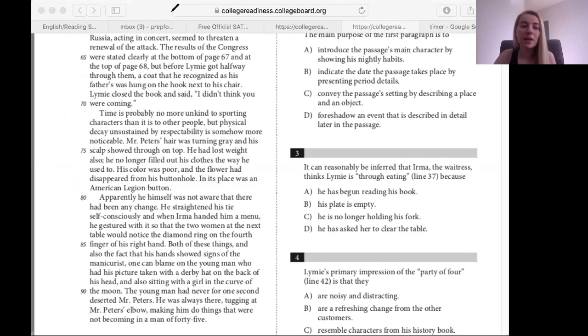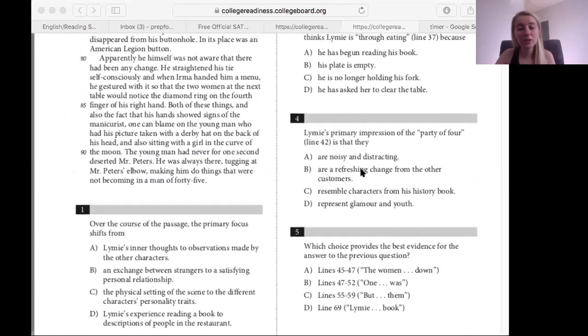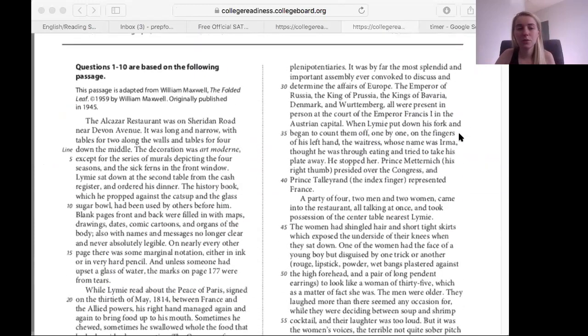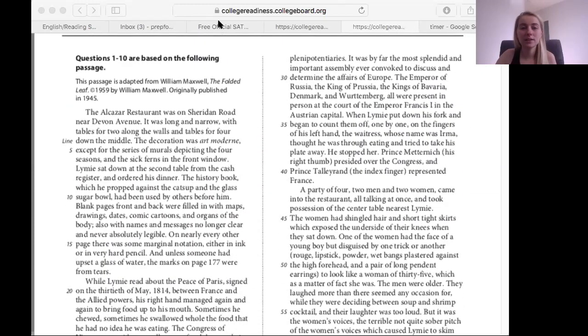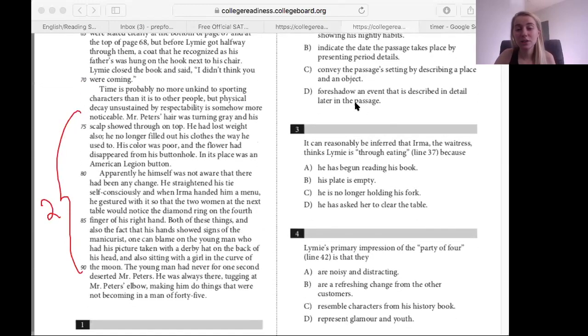Now, obviously, if before you read you had actual, tangible paper and you wanted to write the questions out, then notice here, question 2, the main purpose of the first paragraph is to. So what I would have done is highlight the first paragraph and put number 2, because that's my main idea. Now, the next one is line 37.